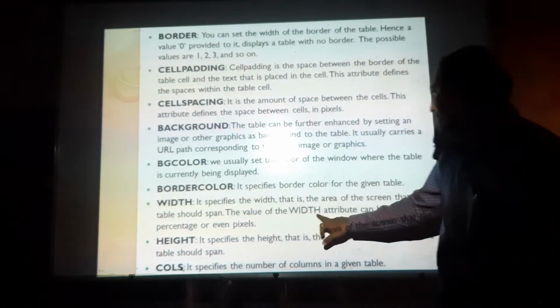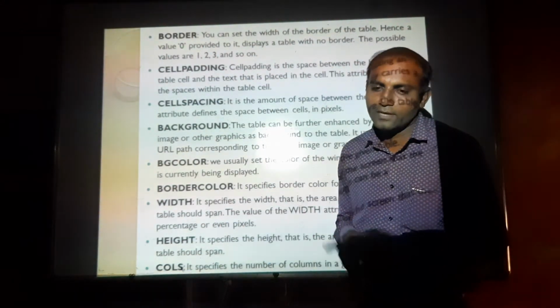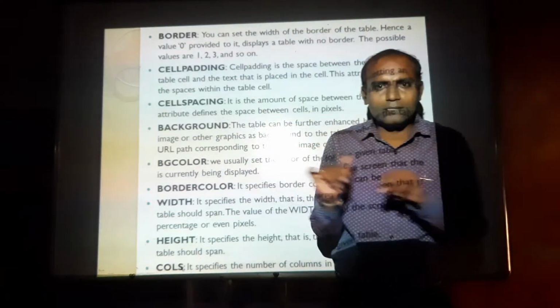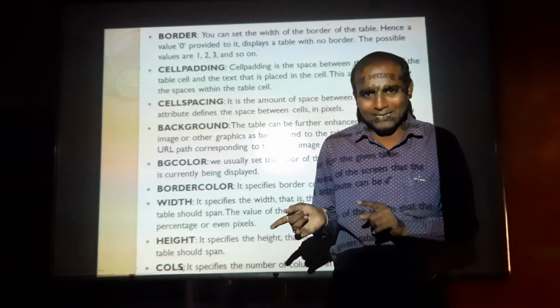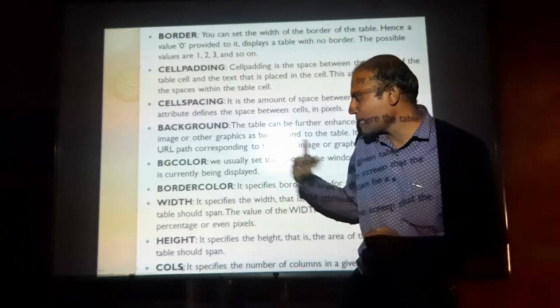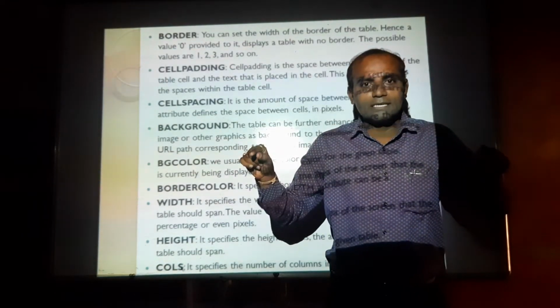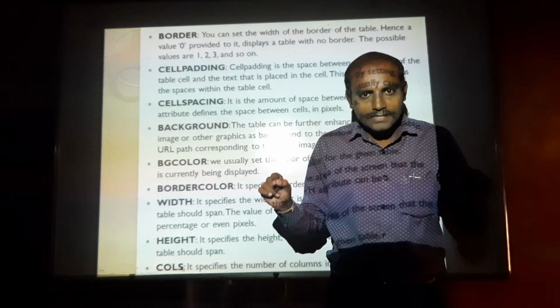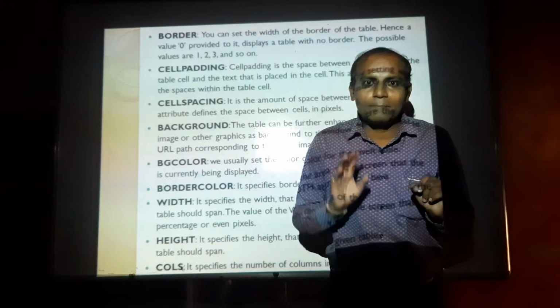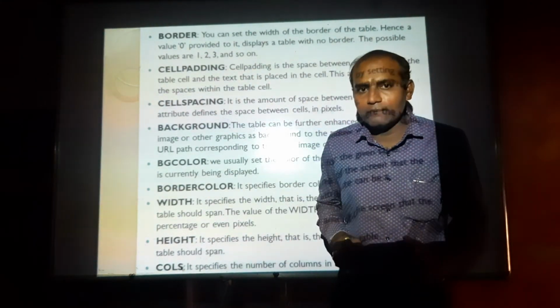The value of the width attribute can be a percentage or even pixels. If I know the screen resolution, I can use pixels as the width. Otherwise, I can go for a percentage, because the entire width is 100%. You may specify a percentage so that you can easily manage your table in the web page.